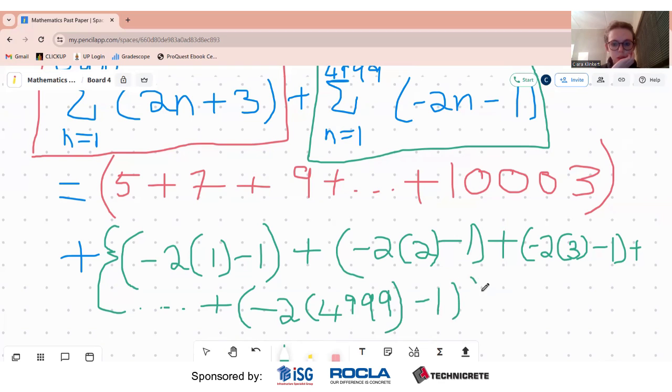So now what I want to do is simplify these expressions, because they're all simplified in the first sigma expression.